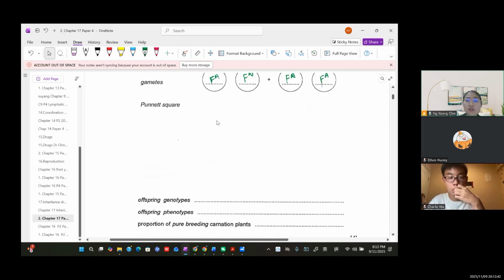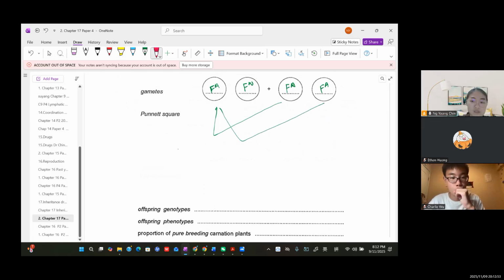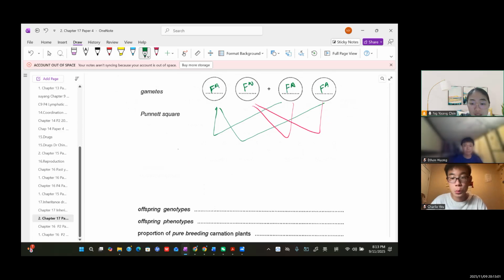The Punnett square, right, actually is just like this, okay? You can draw like this. And then this will be this and this. So at the end, right, you get the combination, which is this one, F A, yeah.